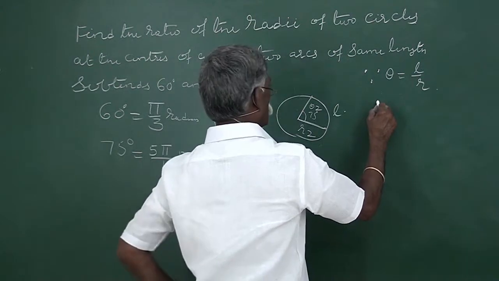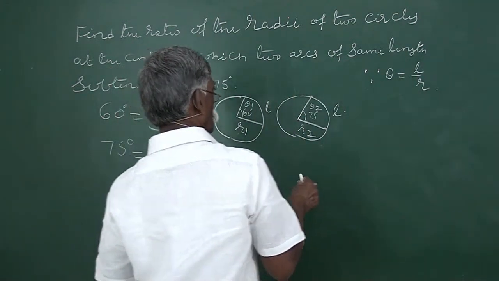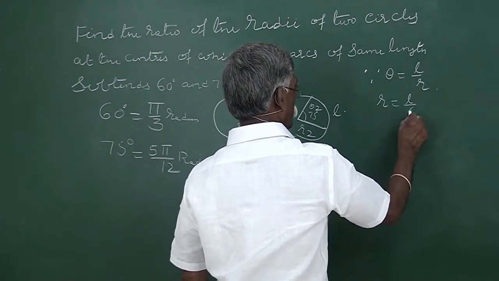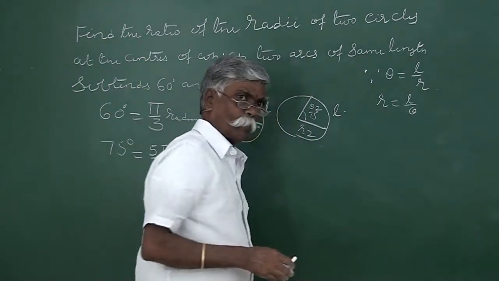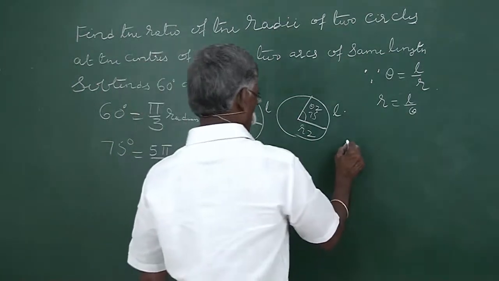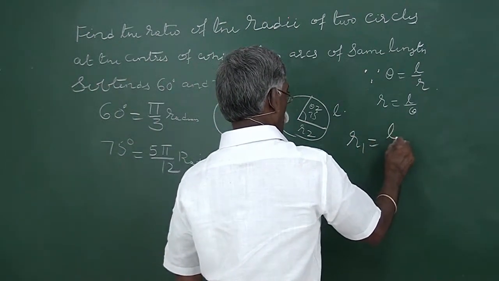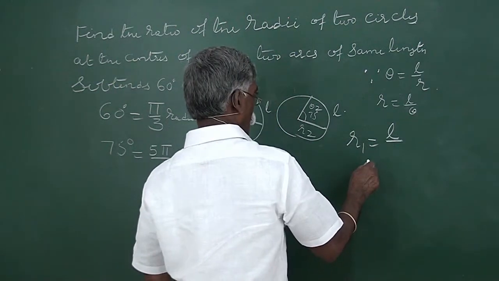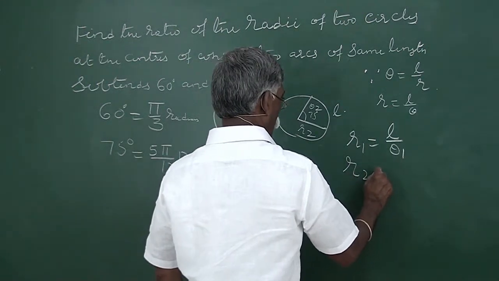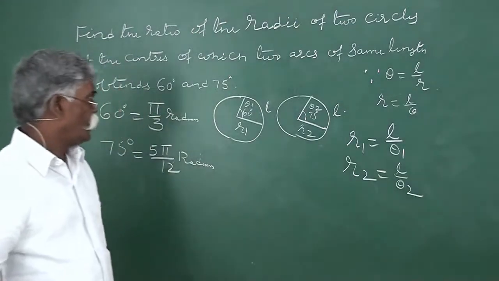Here theta is equal to L by R. Therefore, R is equal to L by theta. So, from this, for the first circle, R1 is equal to L by theta 1, and for the second circle, R2 is equal to L by theta 2.